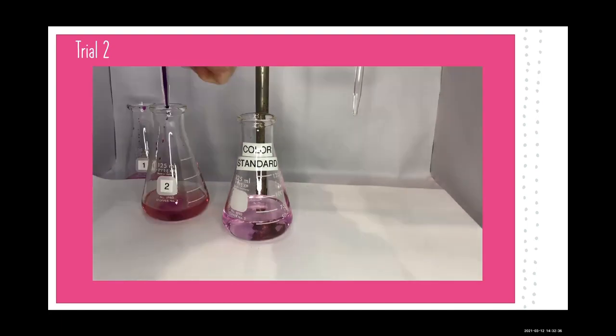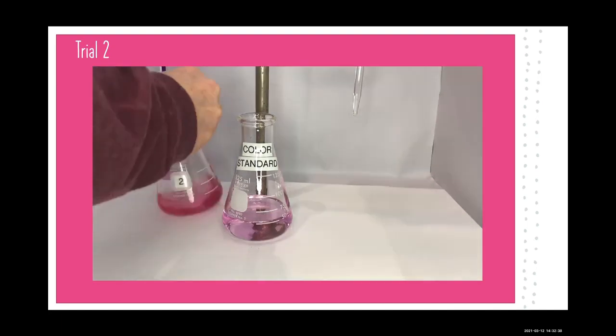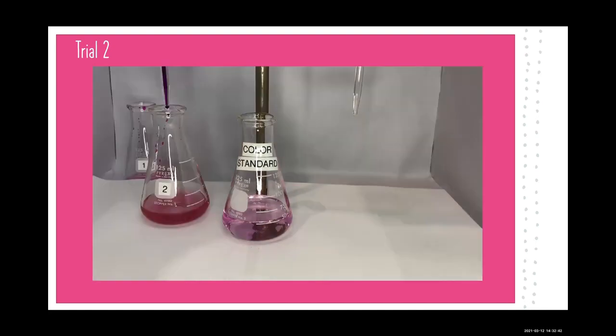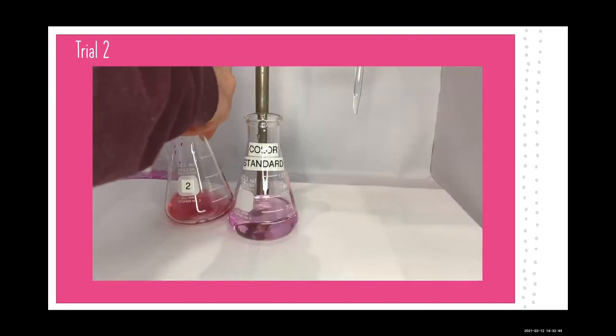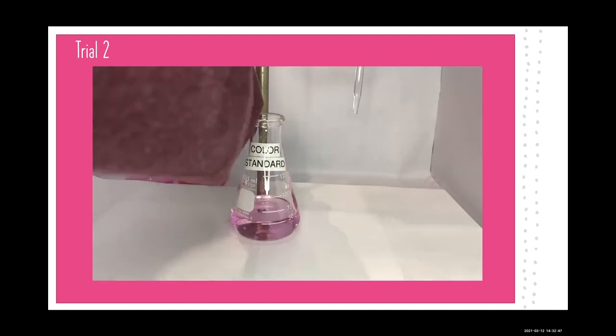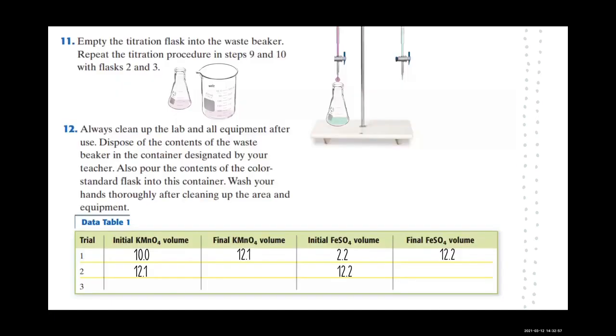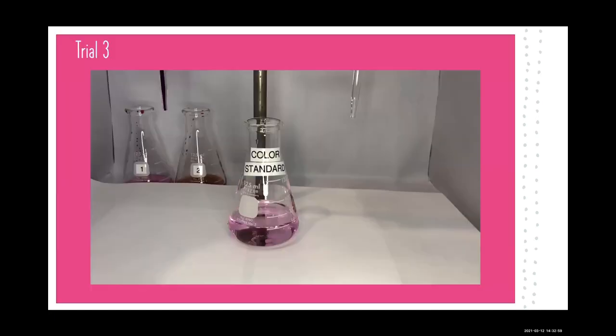And here I was fussing with this stopcock, trying to do a two-handed job with one hand so I didn't get my hands in the way of the camera, and I way overshot that color. That's way darker than it should be. So here's our third trial.